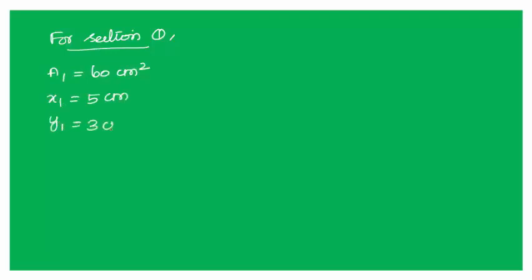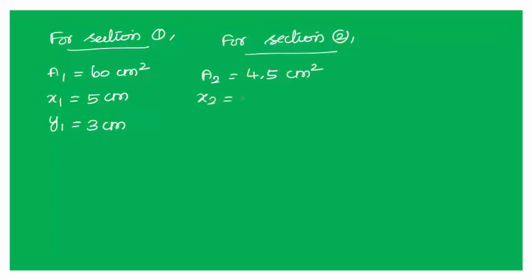For section 1, area A1 is equal to 60 centimeter square, x1 is equal to 5 centimeter, y1 is 3 centimeter. And for section 2, area A2 is equal to 4.5 centimeter square, x2 is 1 centimeter, y2 is 5 centimeter.